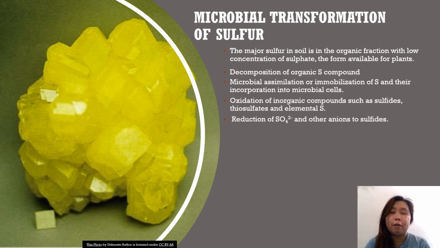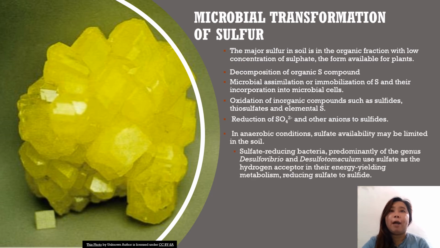This involves the following transformations: the decomposition of organic sulfur compounds, the microbial assimilation or immobilization of sulfur and their incorporation into microbial cells, the oxidation of inorganic compounds such as sulfides, thiosulfates, and elemental sulfur, making it available for plant uptake, and the reduction of sulfate and other anions to sulfide.